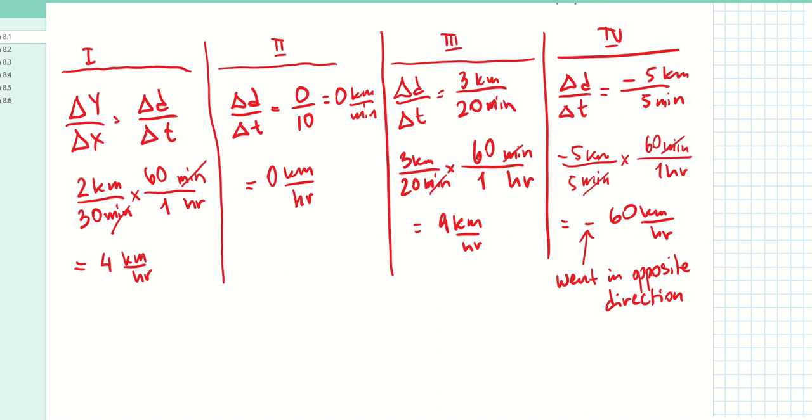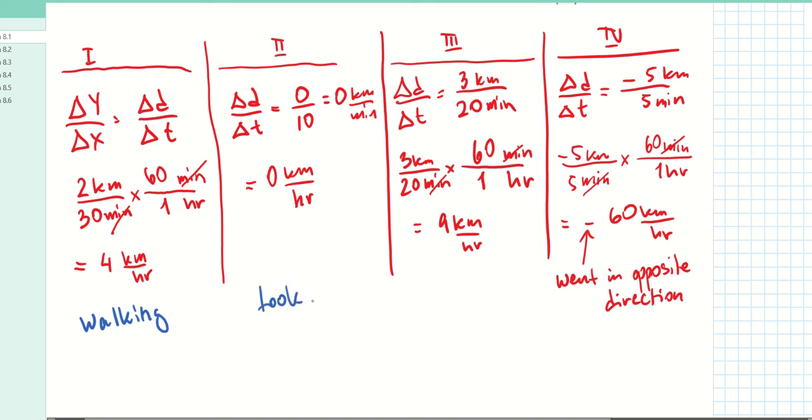So again, you could have described this as someone jogging, or actually here, probably walking. Here they took a rest. So they stopped, to rest. Here maybe they ran, so let's say running.